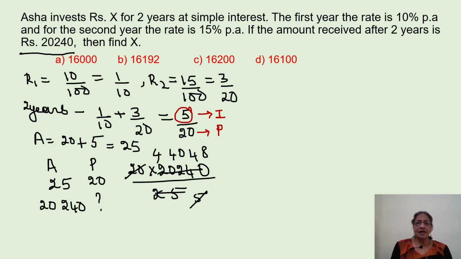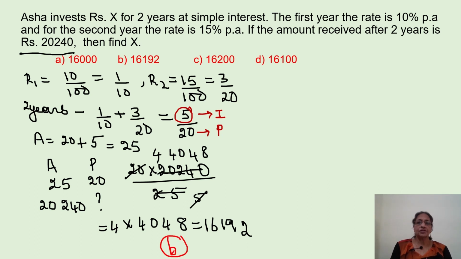So what I get after simplification is 4 into 4048, and this is nothing but 16,192. Even if you just multiply the last digits, 8 fours are 32, and you'll see your options. The option over here is going to be the B option.